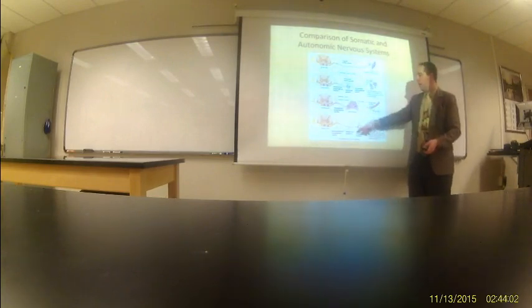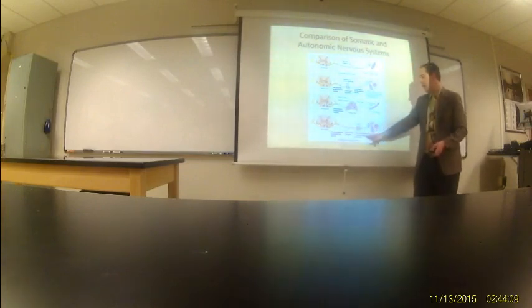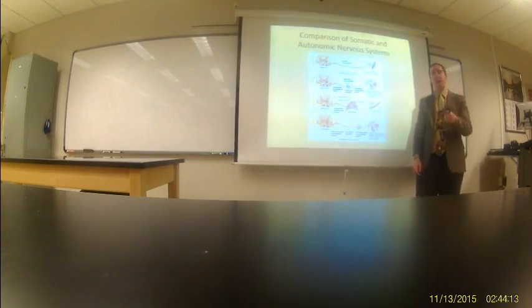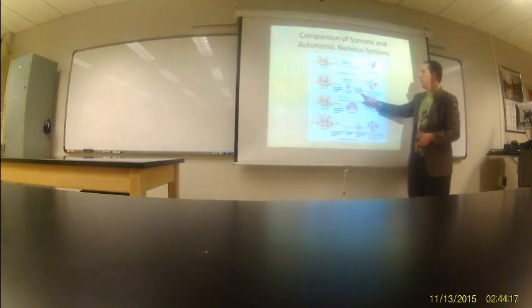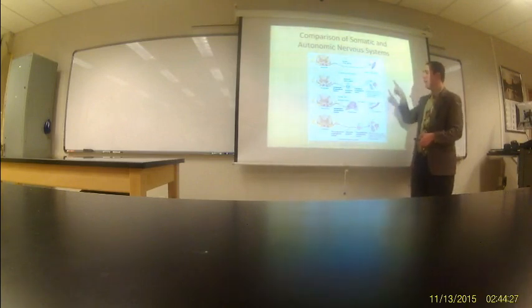In both ganglia, it's an ACH. In the parasympathetic effector, we use ACH. The only one that is not ACH is between the postganglionic neuron and the effector in the sympathetic division. We have 2 different neurotransmitters. ACH is used everywhere except in that one situation.